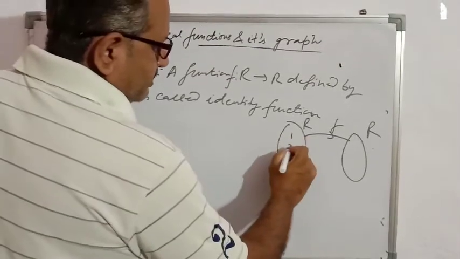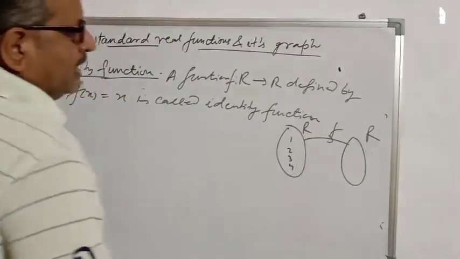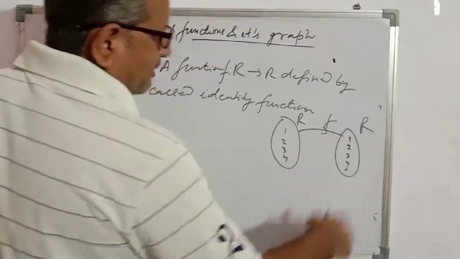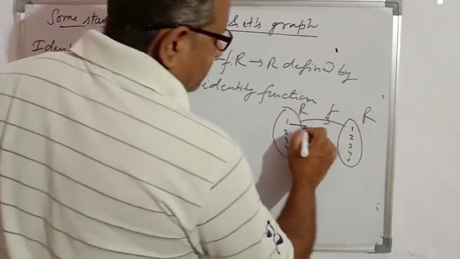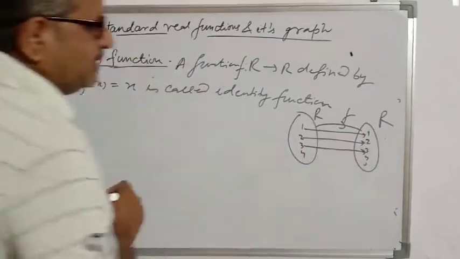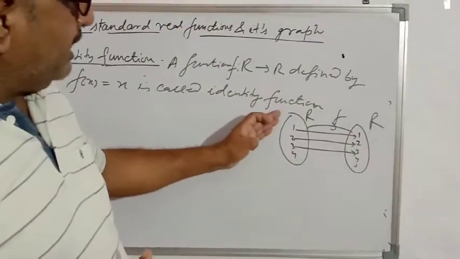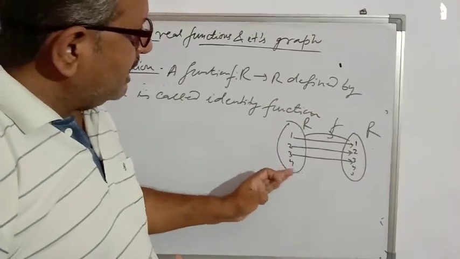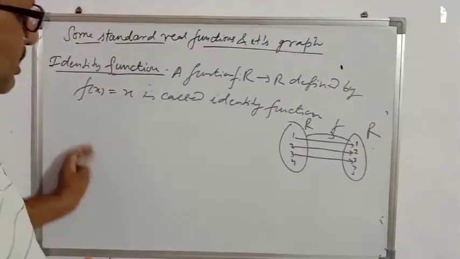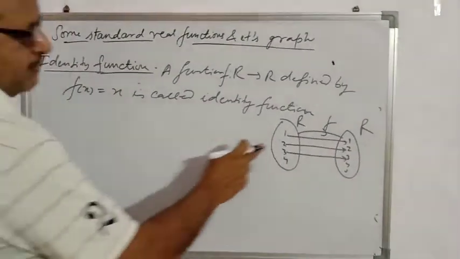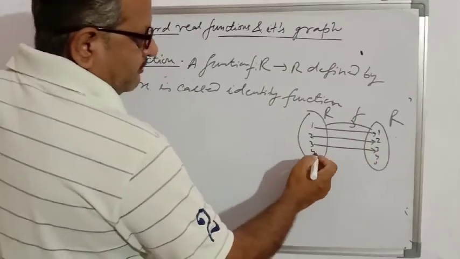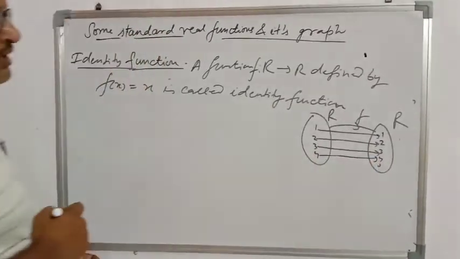Like this, 1, 2, 3, 4 are elements of the domain, and real numbers 1, 2, 3, 4, 5 are elements of the codomain. So 1 is associated to 1, 2 is associated to 2, 3 is associated to 3. The image of 2 is 2 itself, the image of 3 is 3 itself, the image of 4 is 4 itself.